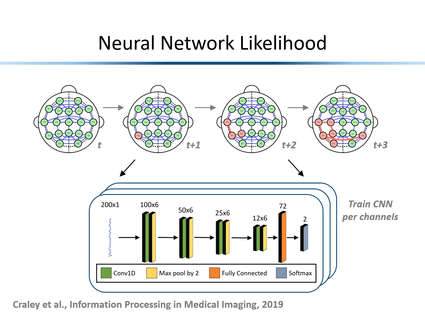This is a model that we presented at IPME in 2019. In this base model, we train one CNN per channel as the likelihood, and this captures varying signal characteristics across the scalp.